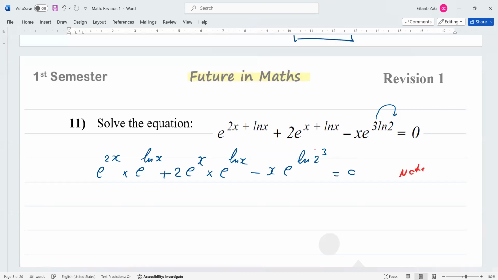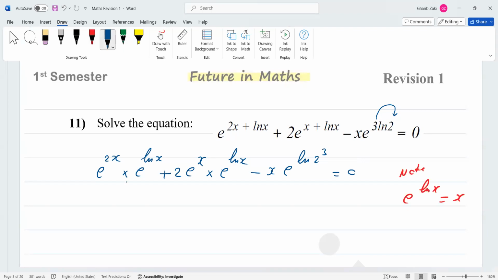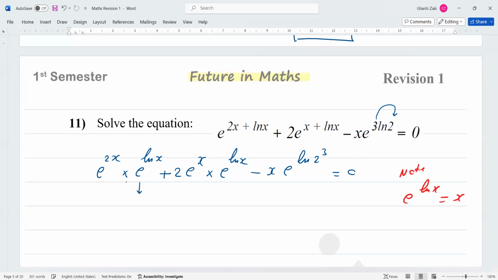Note that e to the power ln x equals x. Then e power 2x becomes x multiply e power 2x plus 2 e power x multiply x minus x multiply 2 power 3 is 8.